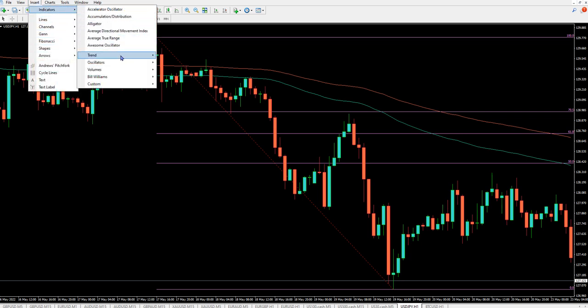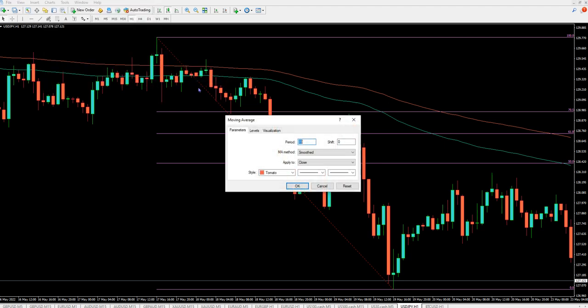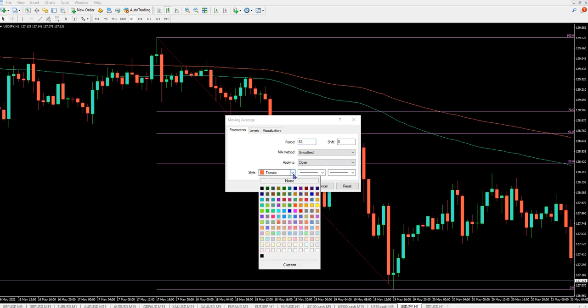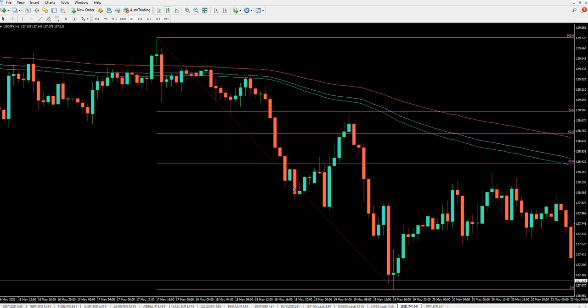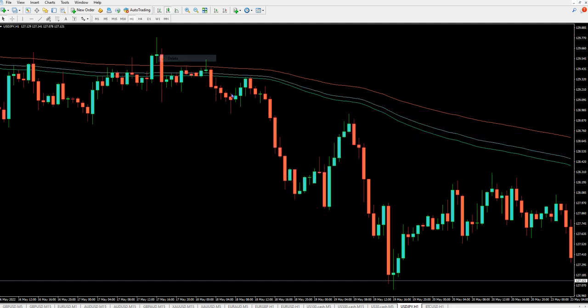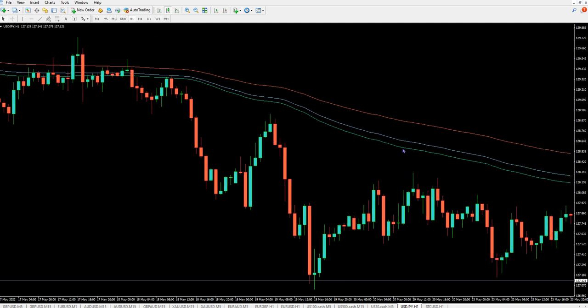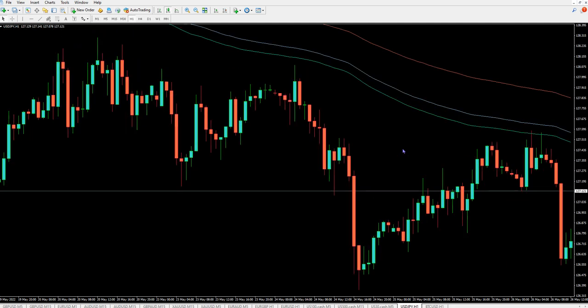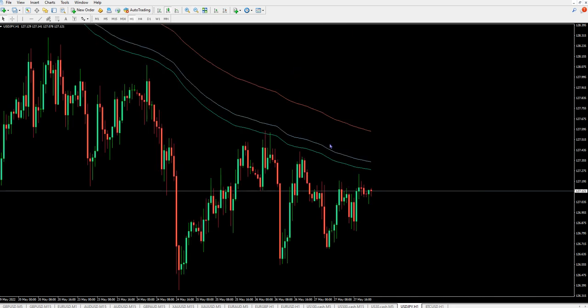So you can put a 62 moving average in and see how price moves around on that. You'll find a lot of times, actually, these will even line up with the actual Fibonacci numbers.